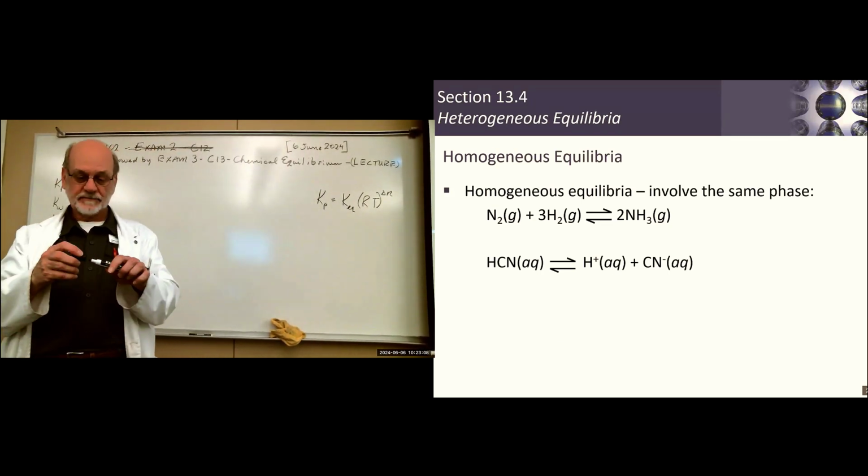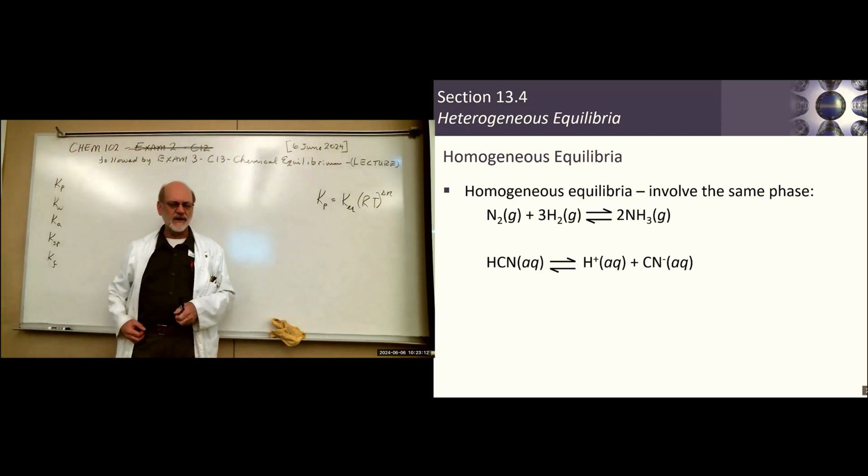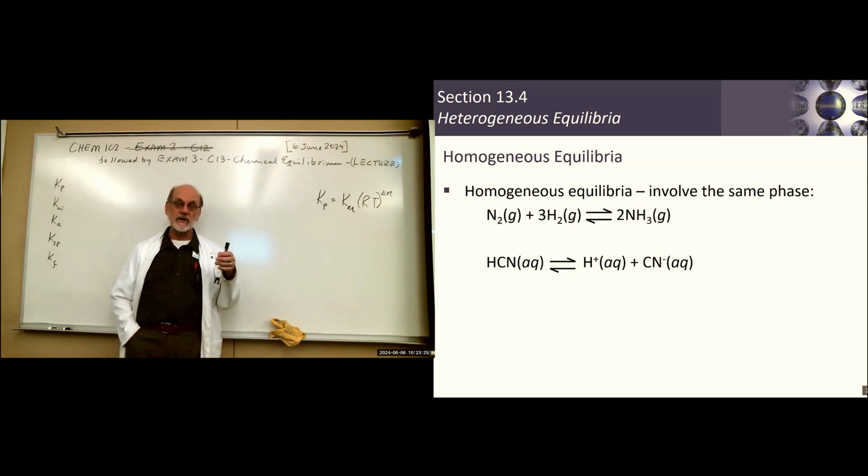All right. So we've used these prefixes a lot in the first semester and this semester. Homo versus hetero. Homo means the same, hetero means not the same or other. So if we're talking about equilibrium and we say the equilibrium is homogeneous, that means all of the reactants are in the same phase.